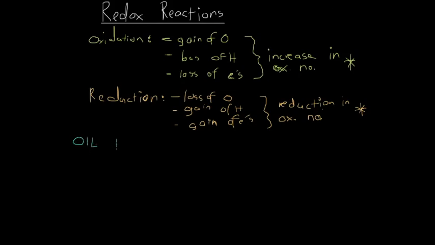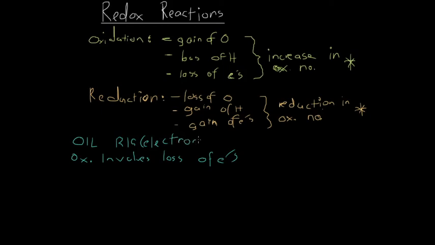This might sound silly, but what it says is that oxidation involves loss of electrons. What you have to remember is that OIL RIG relates to electrons. So oxidation involves loss, that's where the OIL comes from.